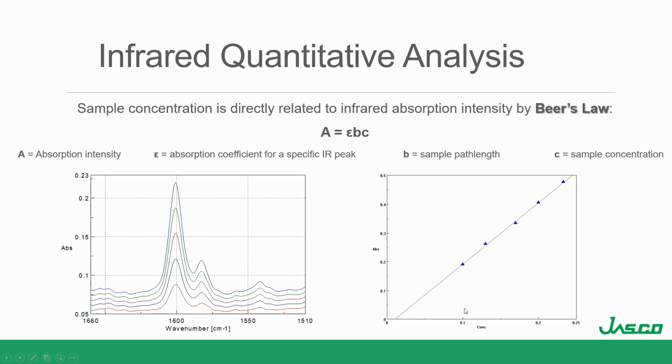The slope of this curve is going to be epsilon times B. So these two won't change from sample to sample at different concentrations, but the absorbance and concentration will change with respect to each other. So you can take several spectra and look at peak height or peak area, and then do a concentration curve. This is a concentration curve for these samples, and it's fairly linear.